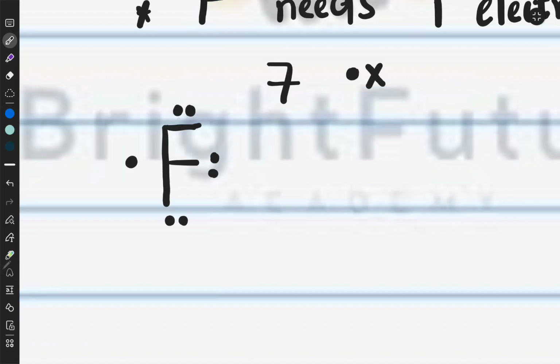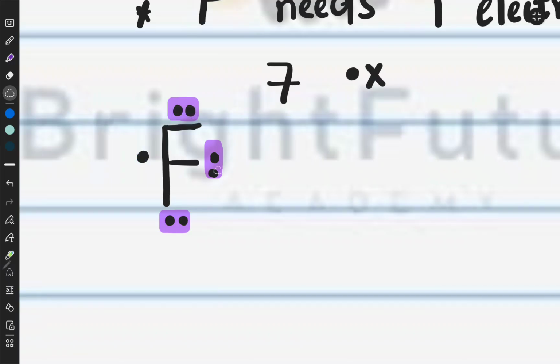Now notice one thing. We have ones that are in pairs, which are 1, 2, 3, and there's only 1 electron that is not a pair. That 1 electron is the one that will be shared with the other fluorine atom in order to fill this valence shell.